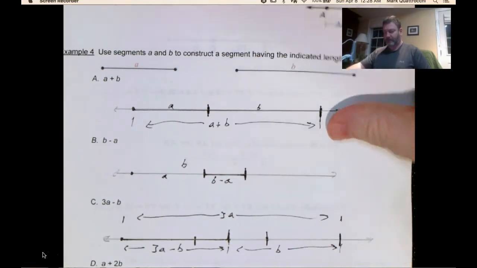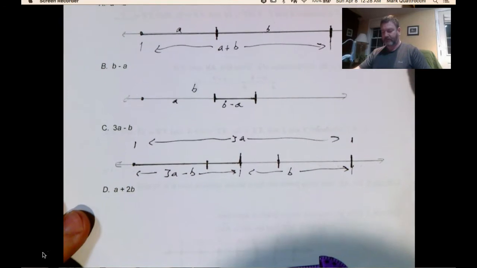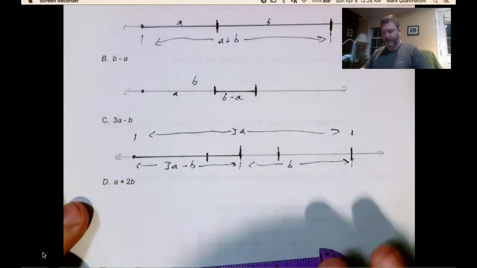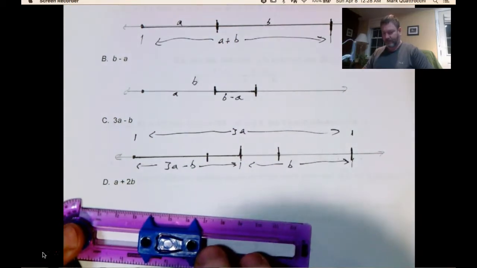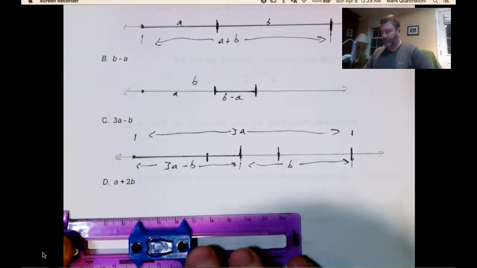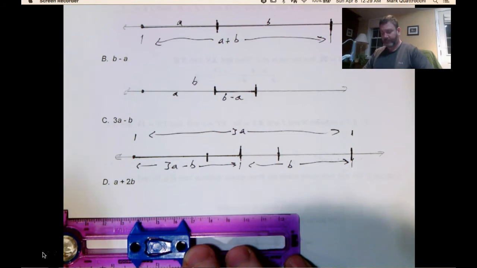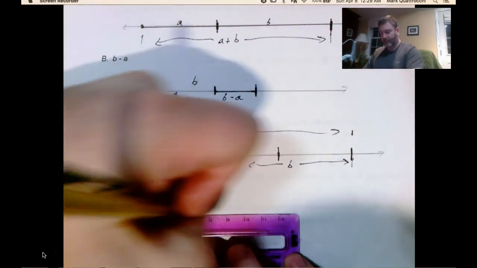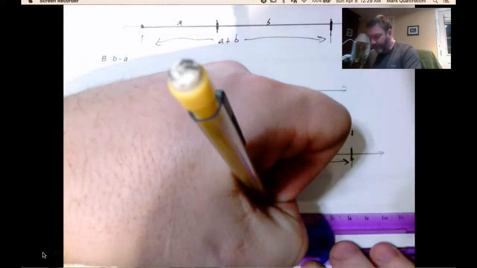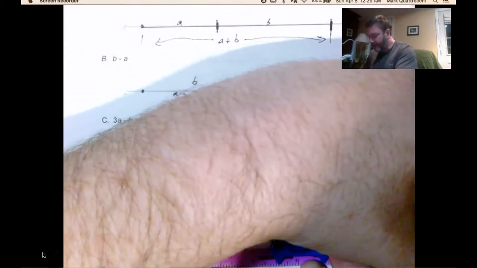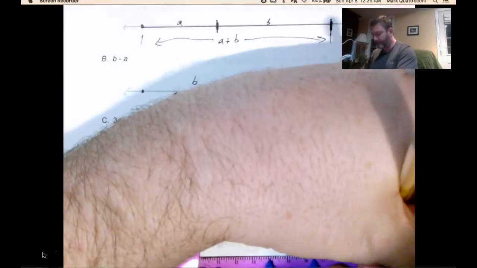Alright, our last one. A plus 2B. This one's going to need to be big. So I'm going to make this longer than what we've done so far. There we go.